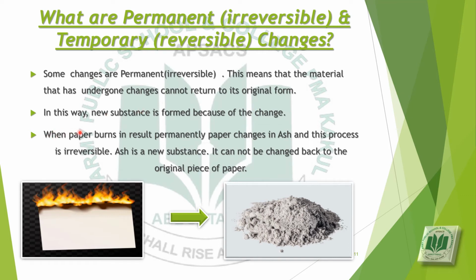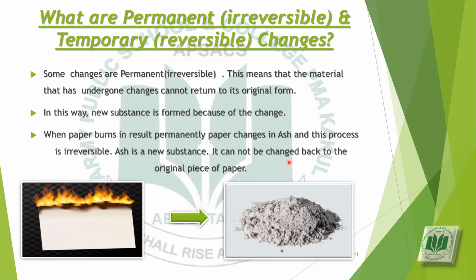In this way, a new substance is formed because of the change. When paper burns, as a result, paper permanently changes into ash, and this process is irreversible. Ash is a new substance.